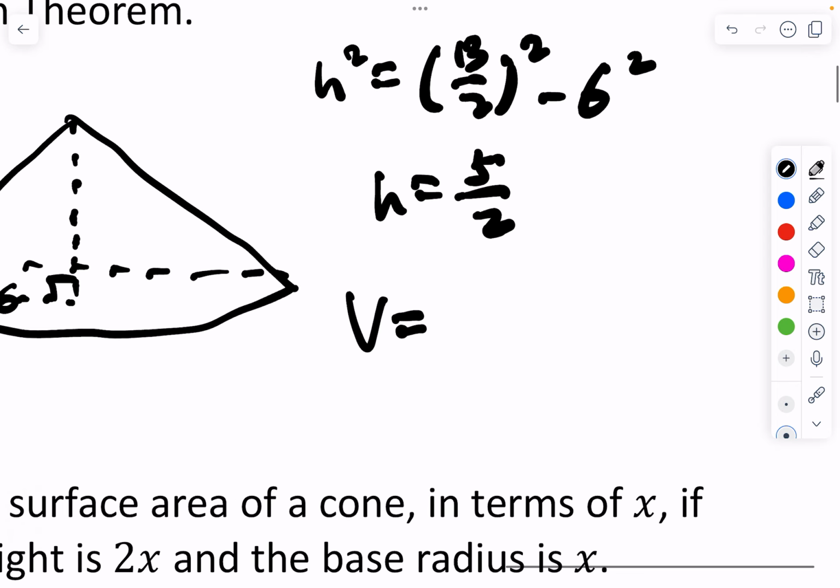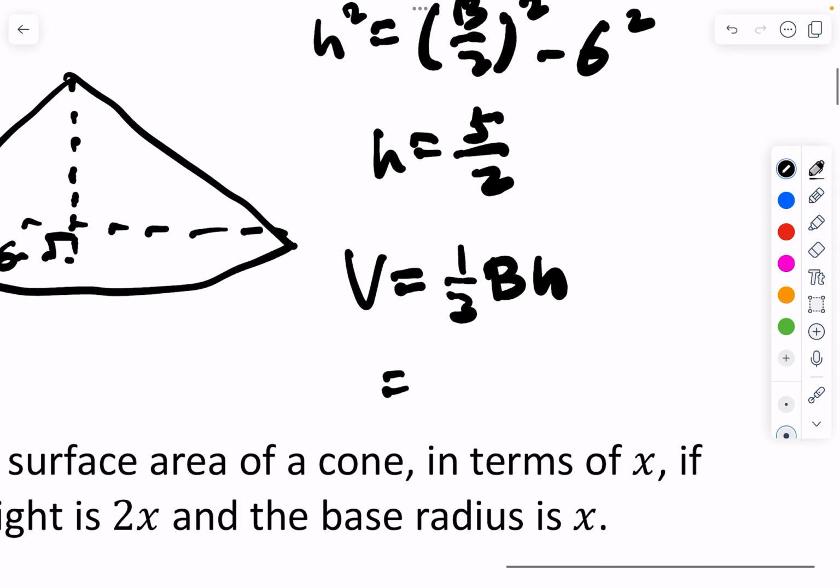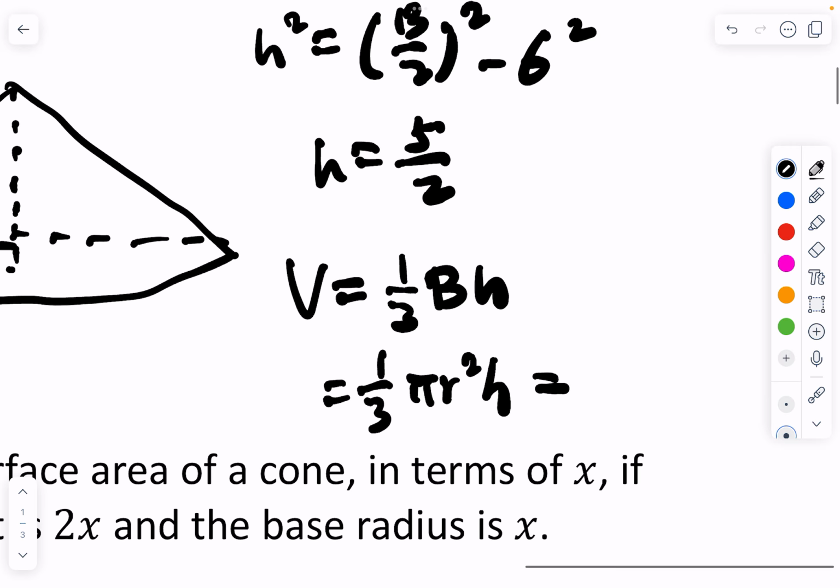And then to solve for the volume of the cone, we have that V is equal to 1/3 times the base area times the height. And we know the base area is pi r squared, so we can just plug that in.